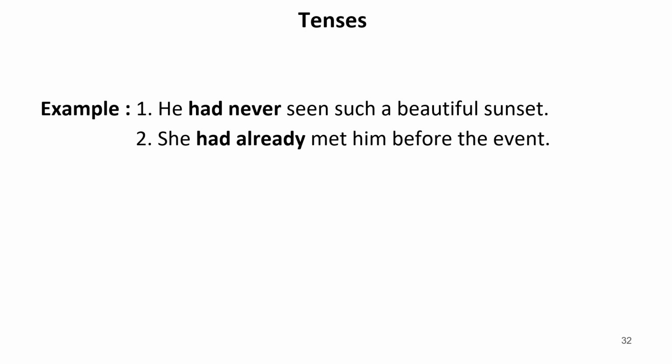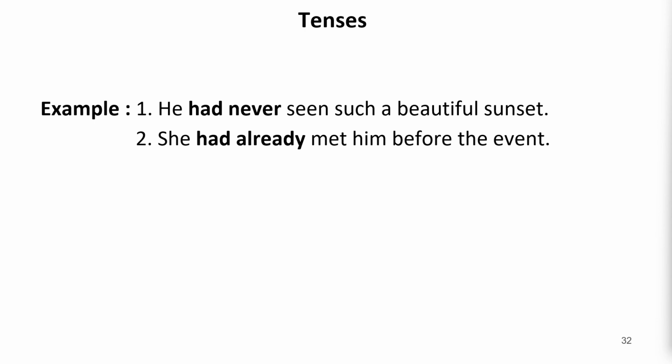He had never seen such a beautiful sunset. She had already met him before the event. So when the action has been shown of the past, it should be written in past perfect and past indefinite tense. These all sentences show past perfect tense.